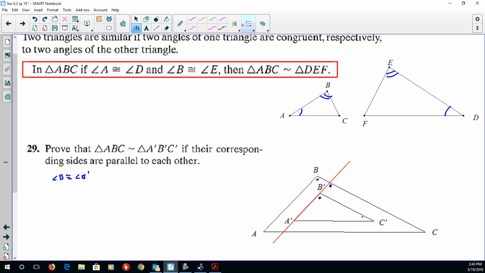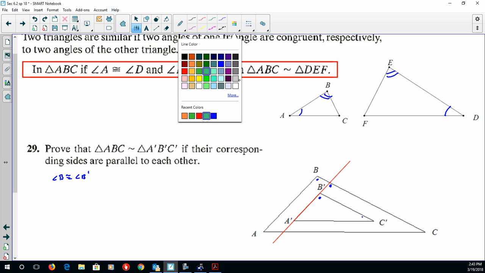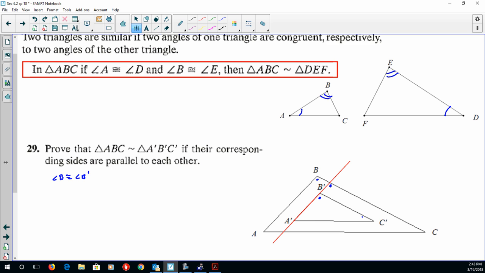Now the same sort of thing happens down here in the A corner. AB and A prime B prime extended are parallel, and they're cut by transversal AC. So that means this angle and that angle are congruent because they're corresponding angles formed by parallel lines.